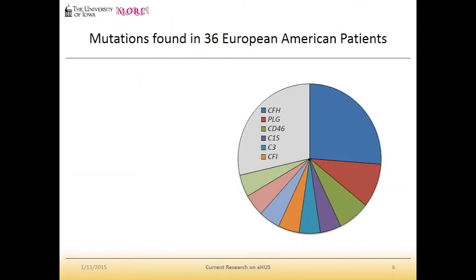I used this panel to screen 36 European American patients. Consistent with previous reports, we found that factor H is the most frequently mutated gene. That makes sense. Surprisingly, the second most frequent was plasminogen.